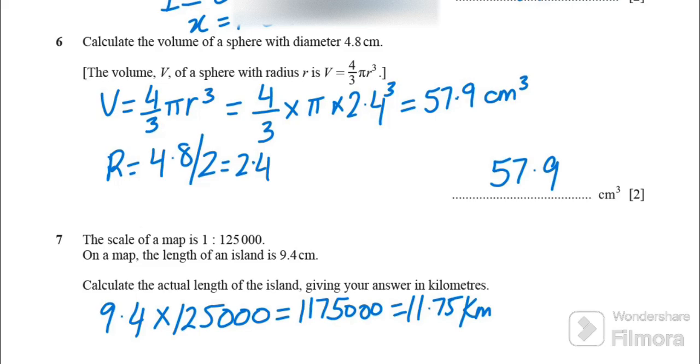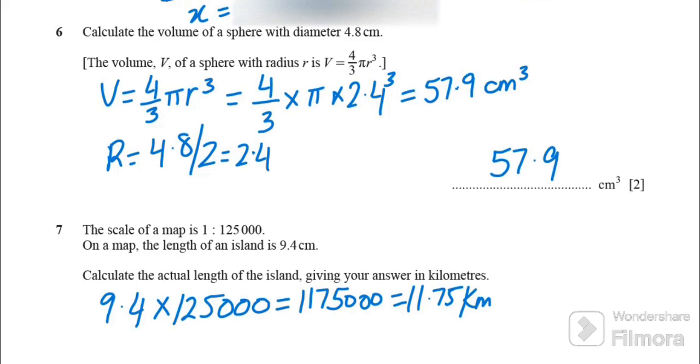So 4.8 divided by 2, which will be 2.4. Then we will use 2.4 as the radius instead of 4.8. 4 over 3 multiplied by pi multiplied by 2.4 to the power of 3, that will be 57.9 centimeter cubed. So 57.9 will be the final answer for question 6.